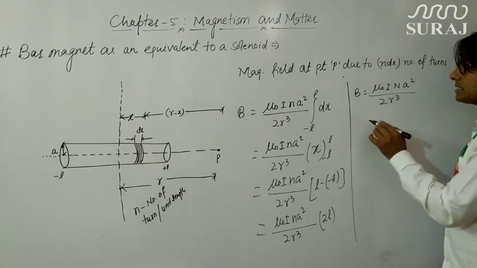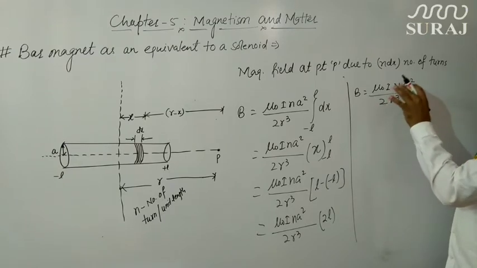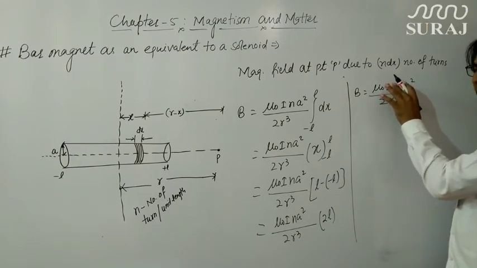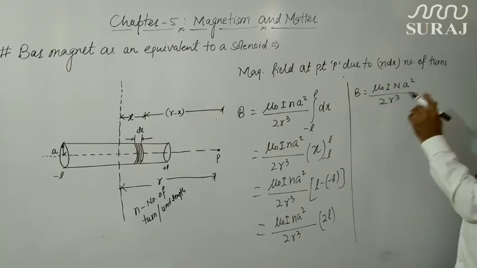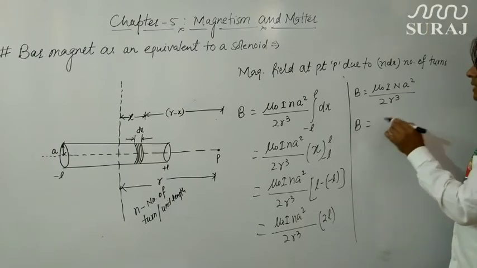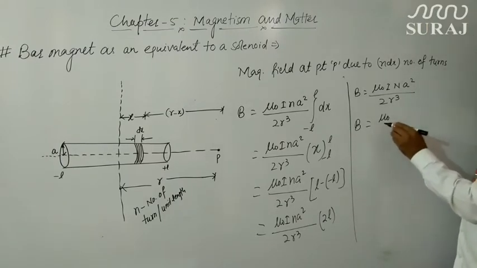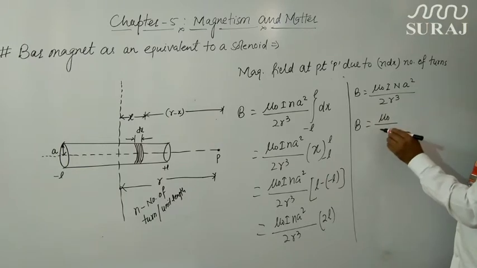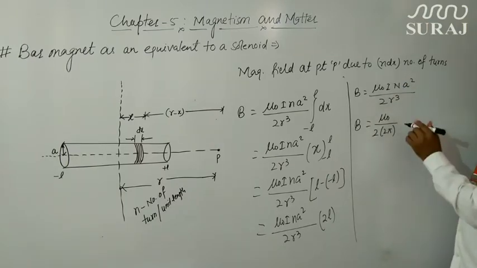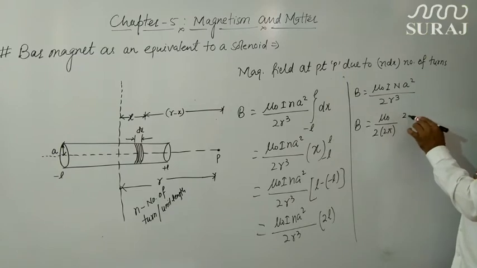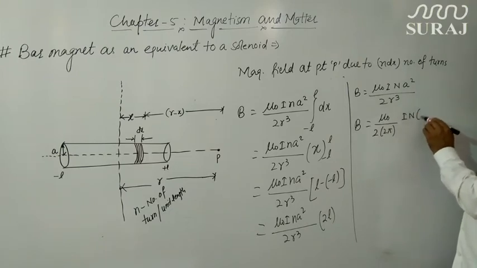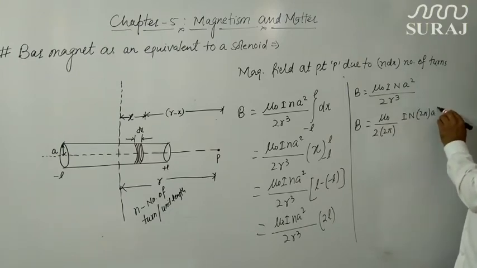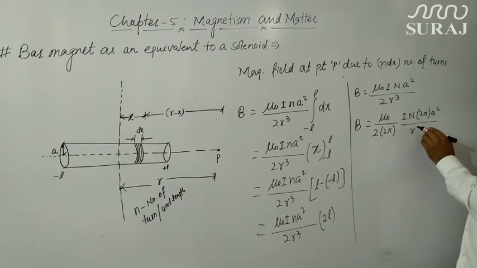If I multiply this equation by 2 pi in the numerator and 2 pi in the denominator, it will become mu 0 upon 2 into 2 pi, and here also I will multiply 2 pi, I n 2 pi a square divided by r cube.